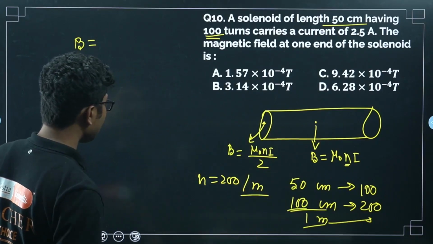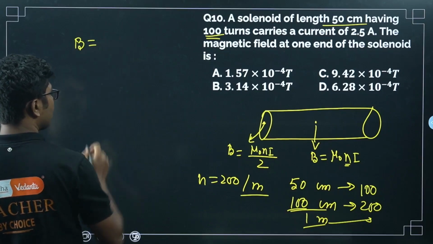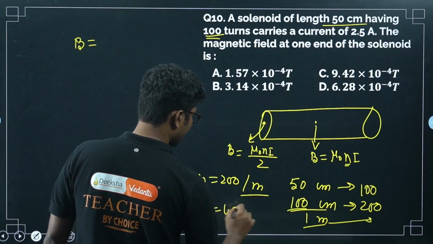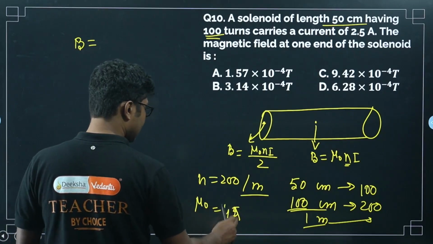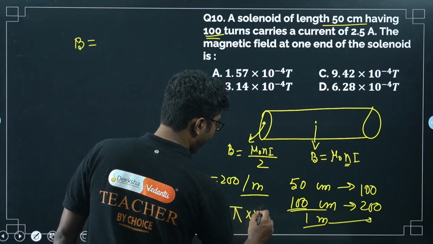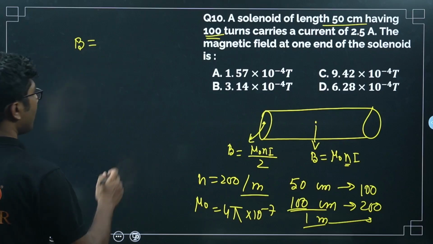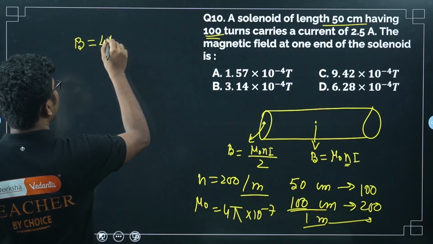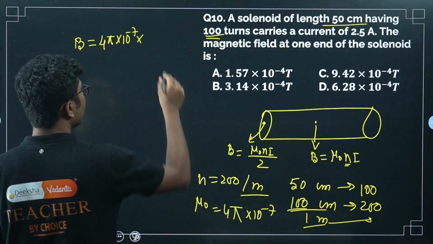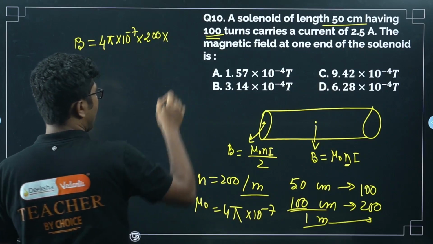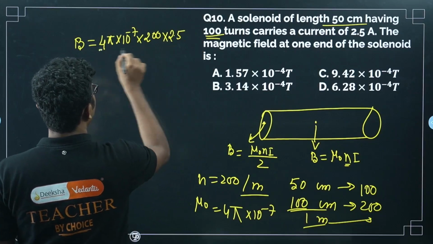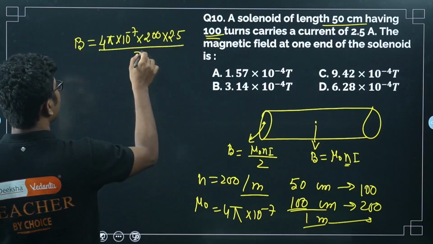So we calculated the number density, and we also know that mu naught is equal to 4 pi times 10 to the power of minus 7. So let's put these values here. 4 pi times 10 to the power of minus 7 times n is 200 times I is given 2.5 divided by 2, right?